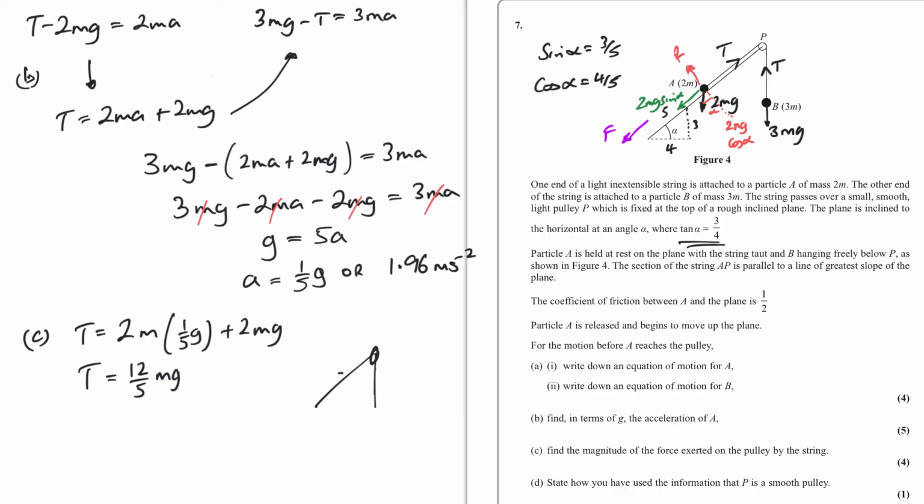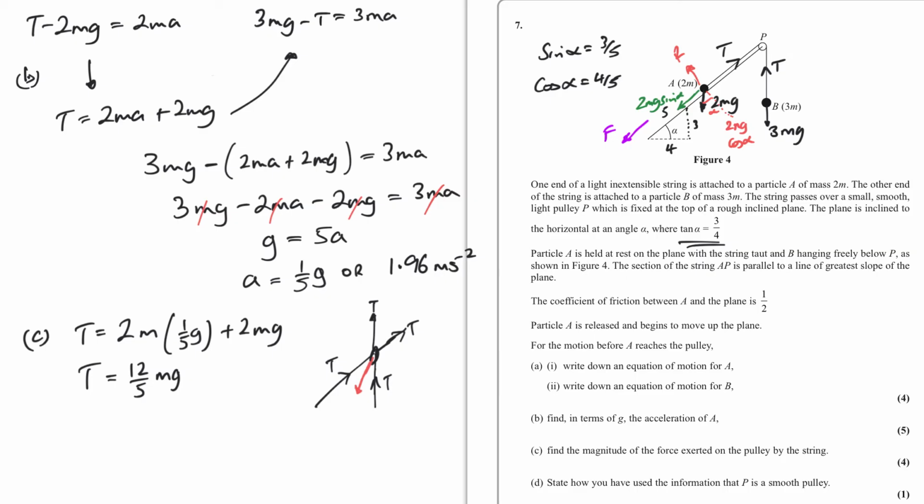here. So we've got these forces acting up. So if we extend them past, we've got T going that way and T going that way. Okay? And that would mean that the force acting on the pulley is in this direction.